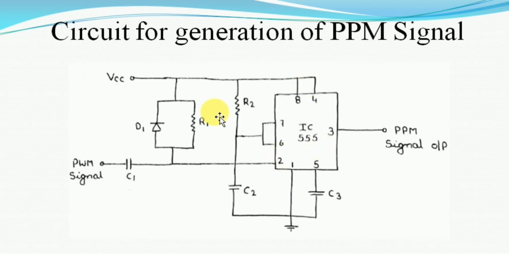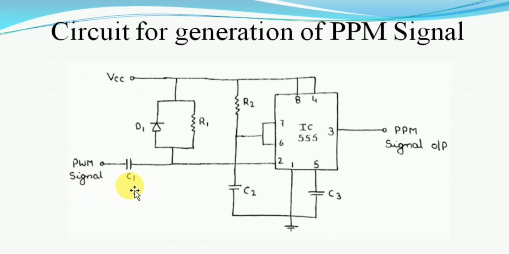This is the PPM generator circuit, which consists of a 555 timer which acts as a monostable multivibrator and also a differentiator circuit, that is a capacitor C and resistor R. Here the input applied to the capacitor is a PWM signal, which is nothing but a pulse signal with varying widths. Now what will the capacitor do?